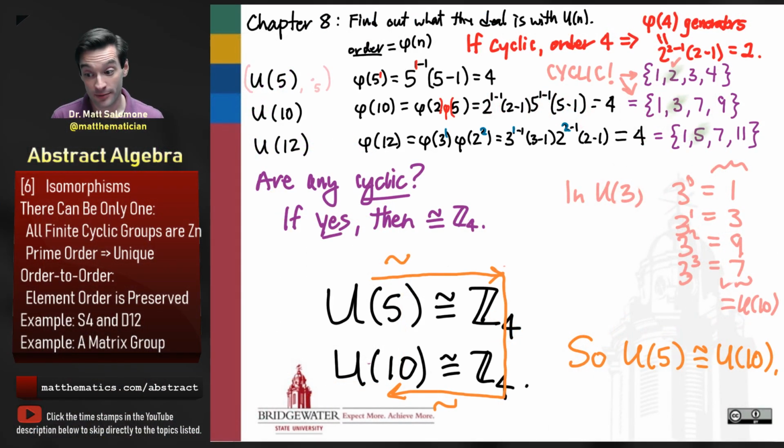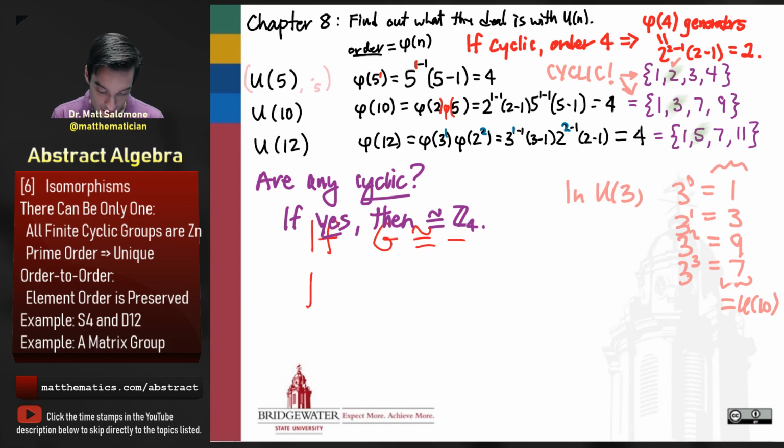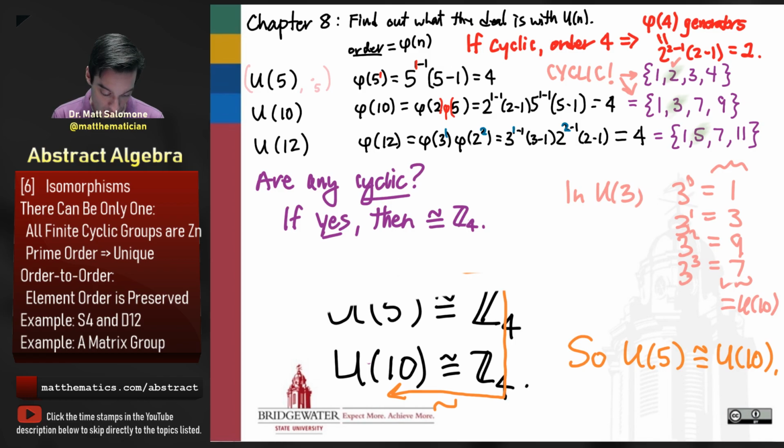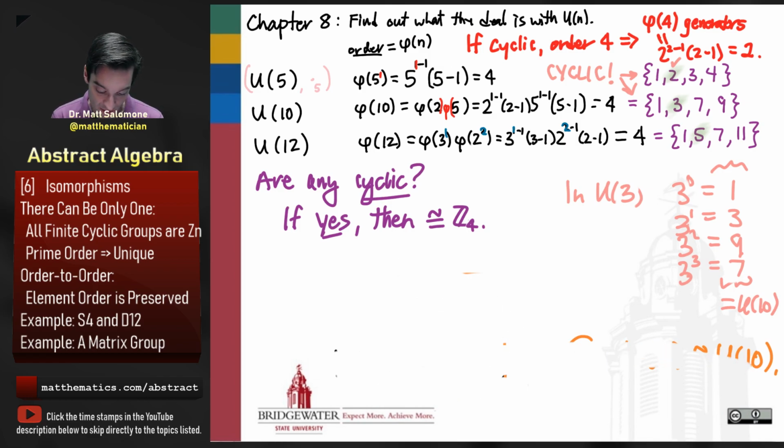So what about U12? What can we say about U12? Well, let's do the same thing that we were doing a minute ago and figure out whether 5, for example, can generate all the elements in U12.